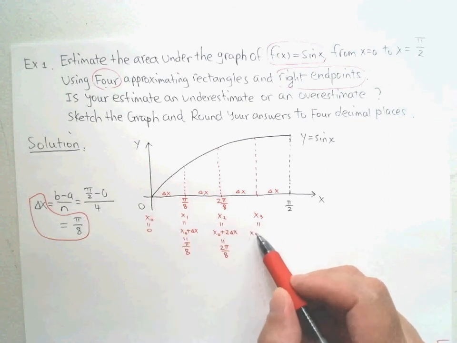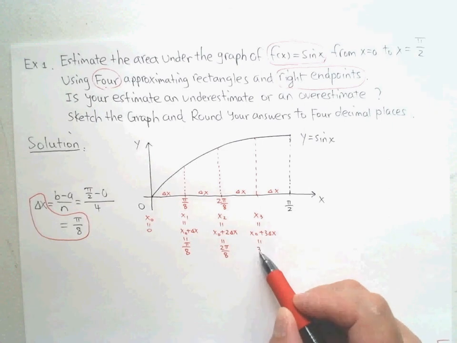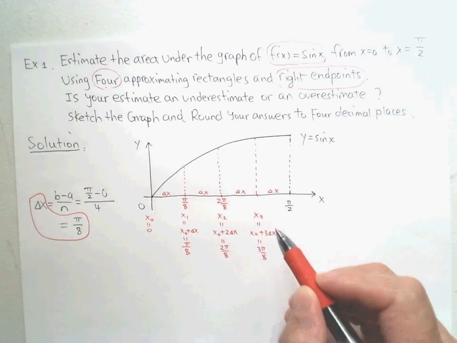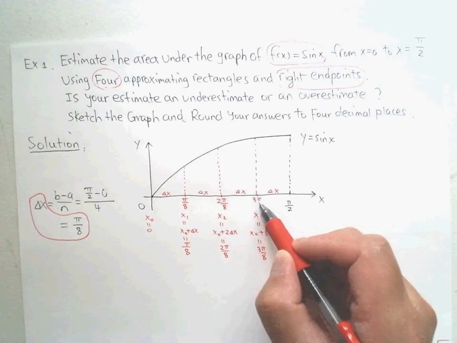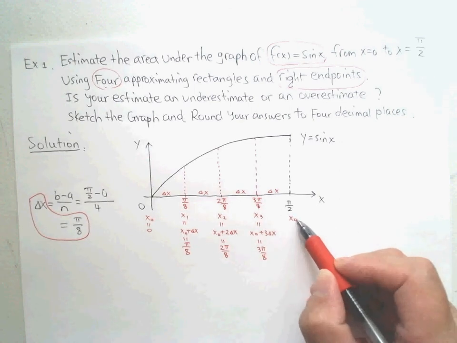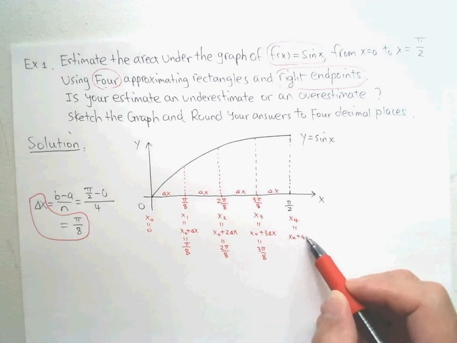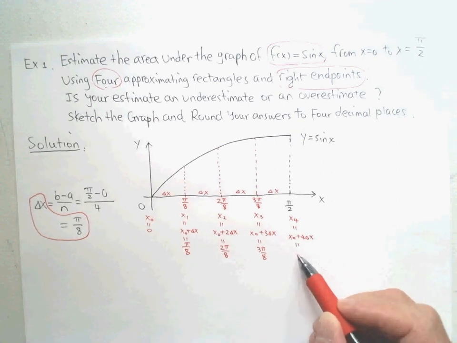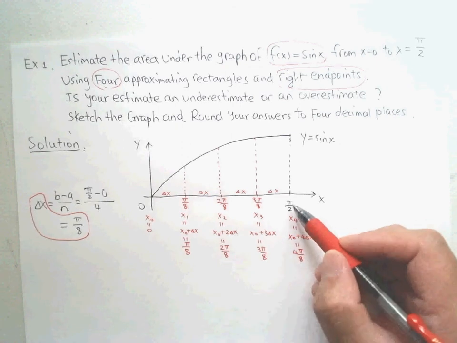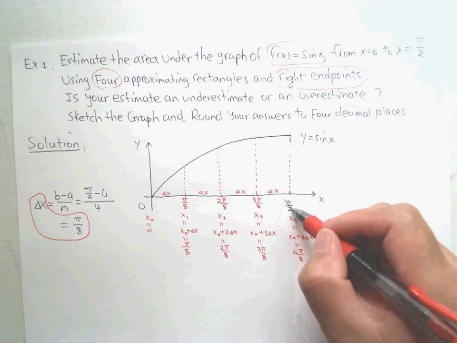What is x3? x3 is from the beginning plus 3 delta x, and of course it is 3 pi over 8. What is x4? x4 is x0 plus 4 delta x, which is exactly 4 pi over 8, exactly equal to pi over 2.